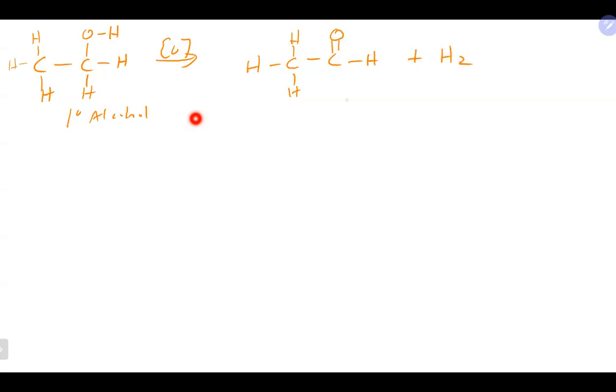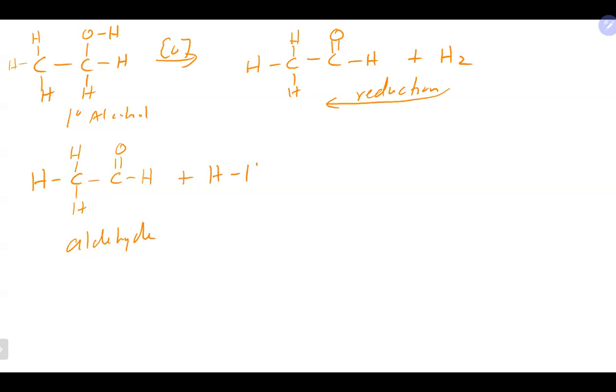Now, as I mentioned before, going back this way is actually the reduction reaction. If you did this reaction backwards, you would start with your aldehyde and add your hydrogen.